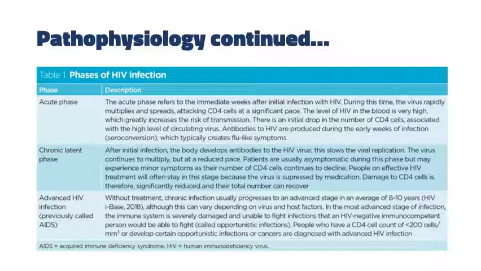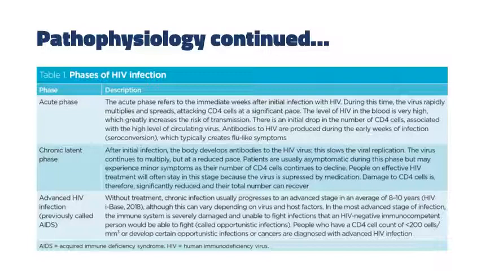And then finally, we have the advanced HIV infection phase, which we know as the AIDS stage. This we know is the most dangerous, which can be fatal, and without treatment, this chronic infection can progress more and more and can lead to death.